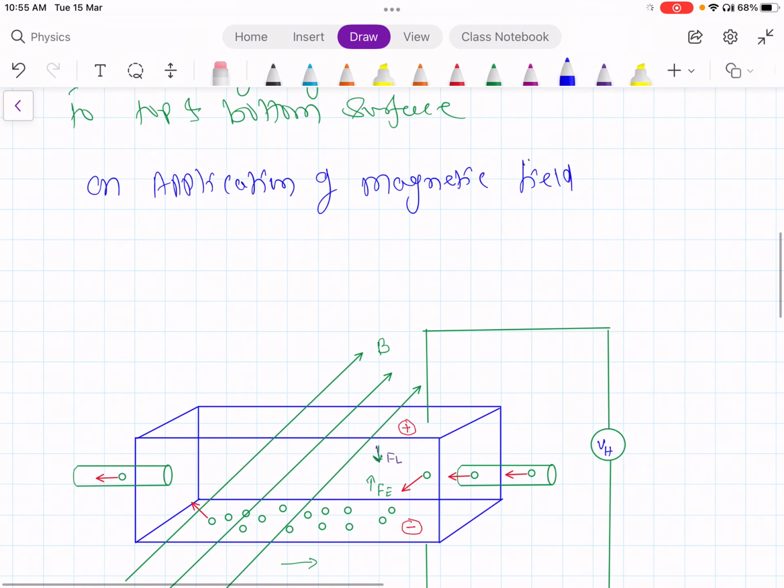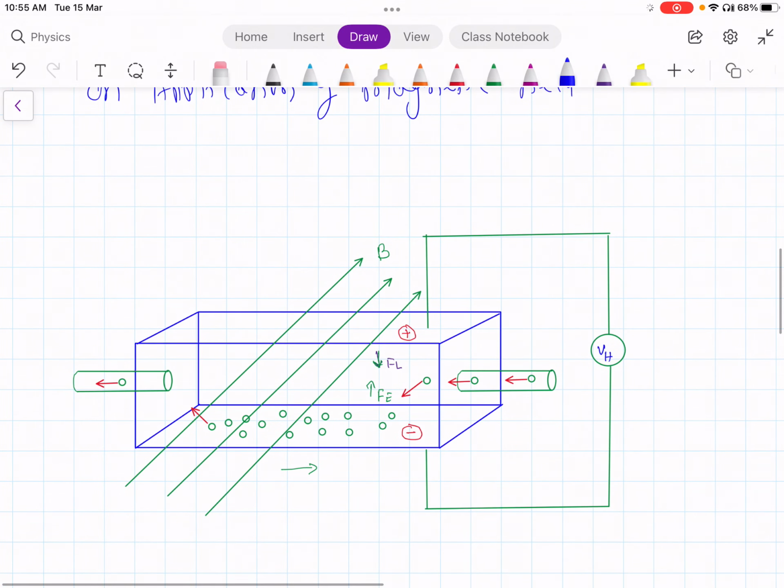That diagram is shown over here. This is the magnetic field B shown by these arrow lines. It is going through this page, perpendicular to the direction of the current.